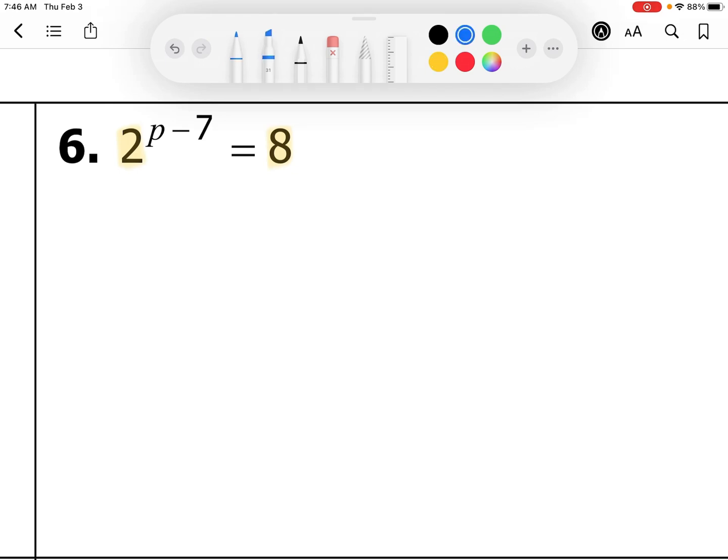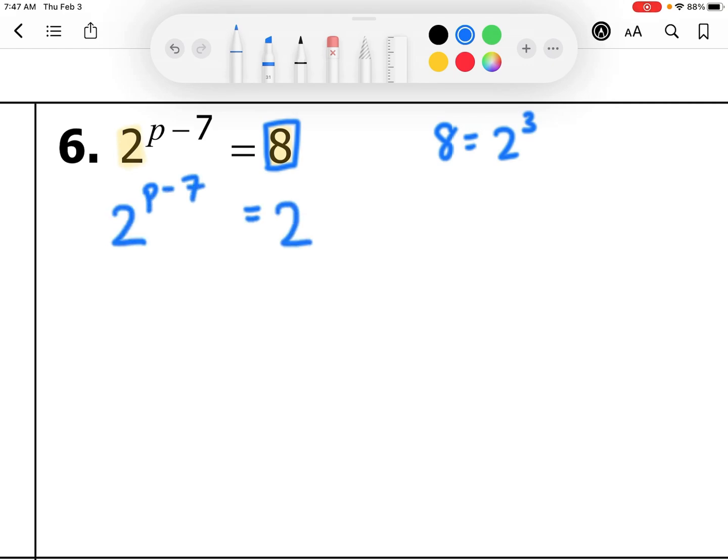I think it's going to be easier to rewrite the 8 as 2 to the 3rd power. Our equation is going to look like this now. Now that they're the same base, we can cancel out the 2's, and then we just have p minus 7 equals 3, so p is going to be 10.